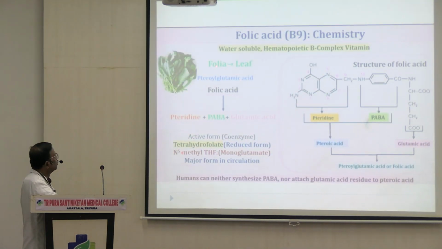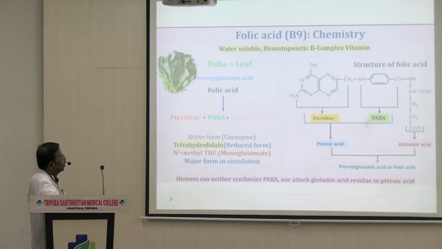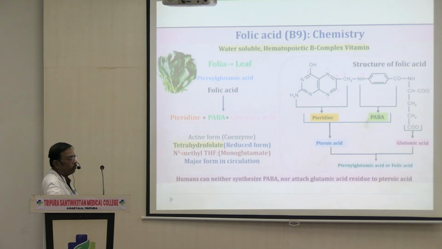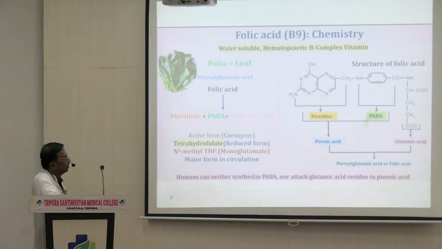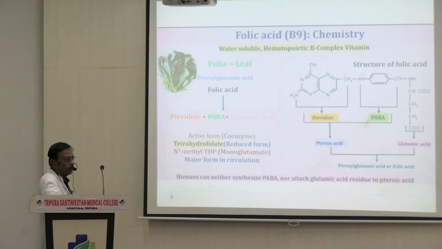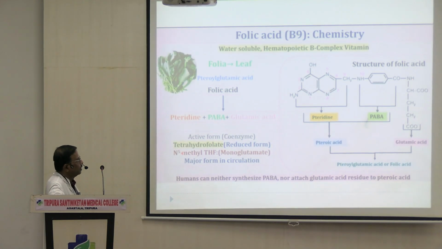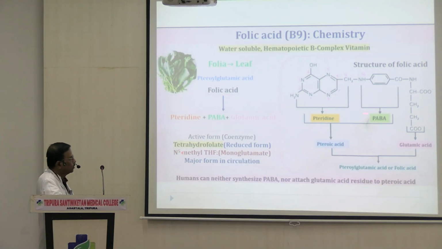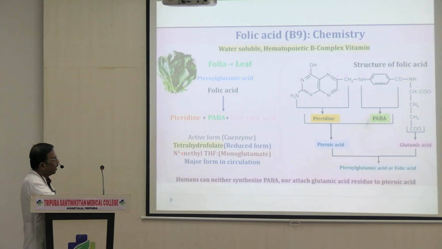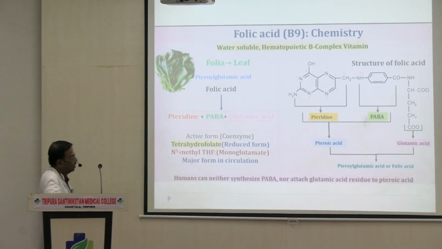Now, folic acid has 3 components, I told you. Pteridine ring, para-aminobenzoic acid, and with the help of peptide linkage, the glutamic acid is attached with this. Now these two, pteridine and para-aminobenzoic acid, are called pteroic acid.